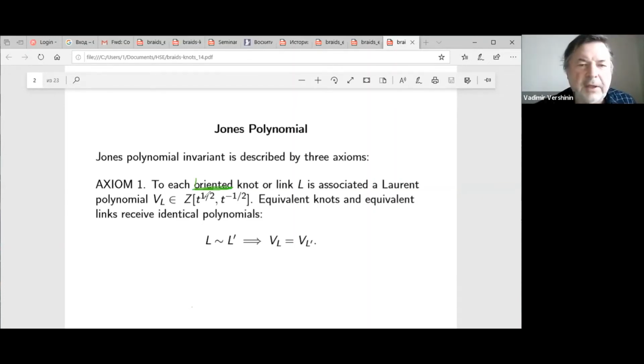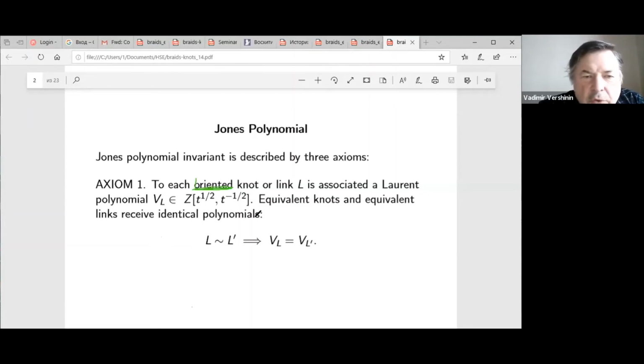The notations are traditional, taking 1/4, 1/2, sorry. It is considered standard to use t^(1/2), the square root of the variable.